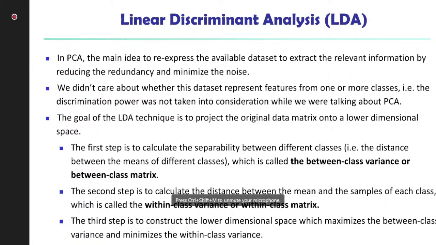So LDA says we calculate two things: within class variance and between class variance, right? And these help us to generate the between class matrix and the within class matrix, and then these two matrices would be multiplied together to generate a matrix which is similar to the covariance matrix.